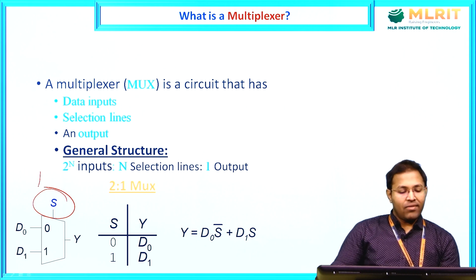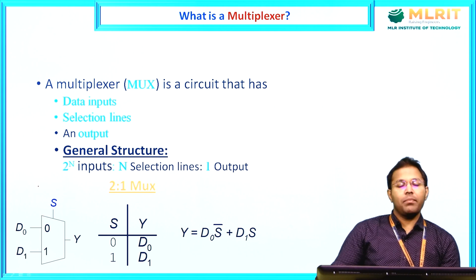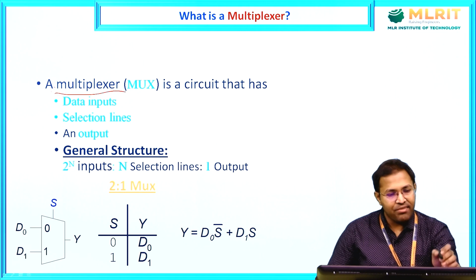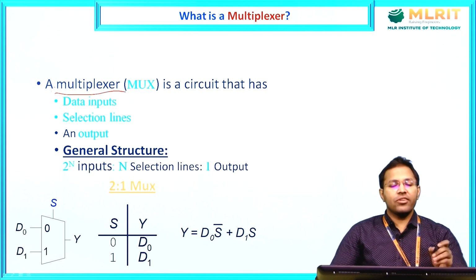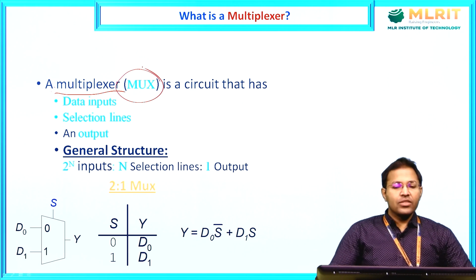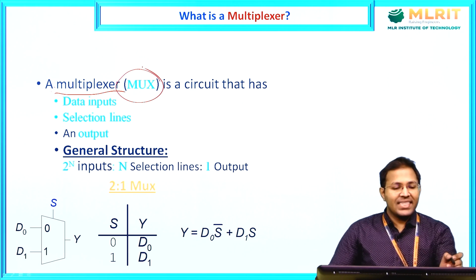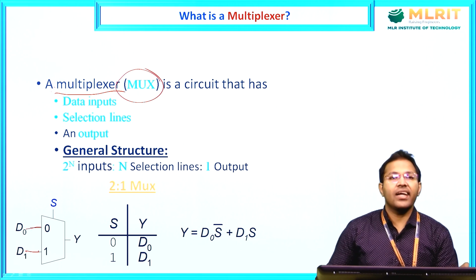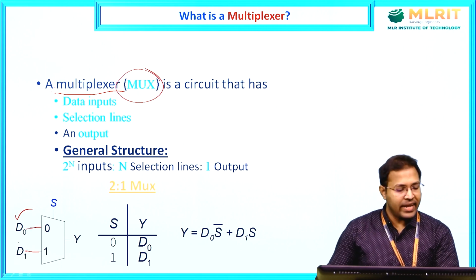Now let us see the general definition for the multiplexer, which is also called a mux. It is a circuit that has data inputs, in this case D0 and D1.